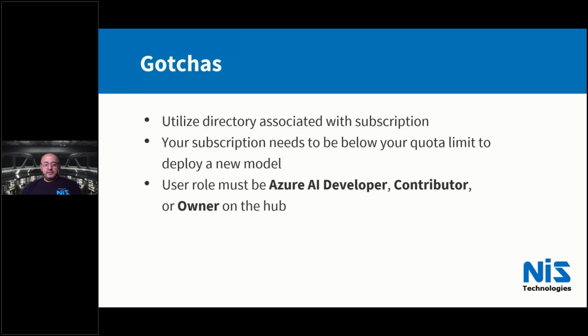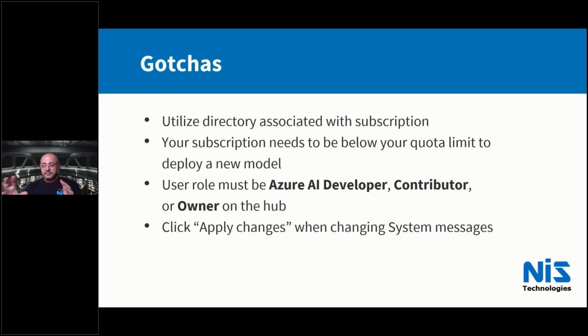In addition, the user role must be either Azure AI developer, contributor, or owner on the hub. Lastly, whenever you make changes, as we had done in the Foundry, meaning that I updated the system messages, or the instructions rather, of how I want the model to behave, I clicked apply changes afterwards.